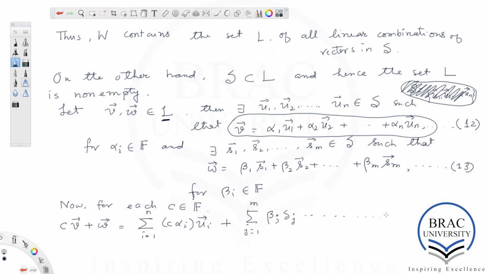This is our equation number 14. This is how we write cv plus w.